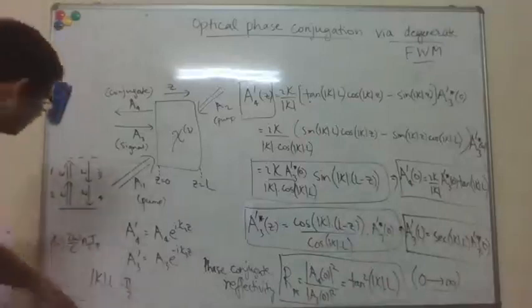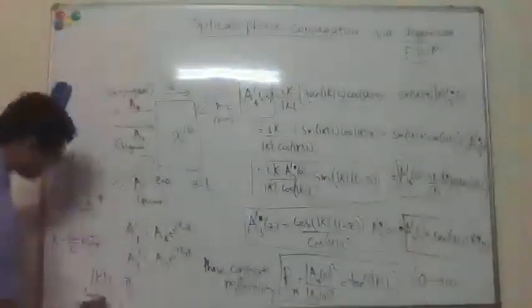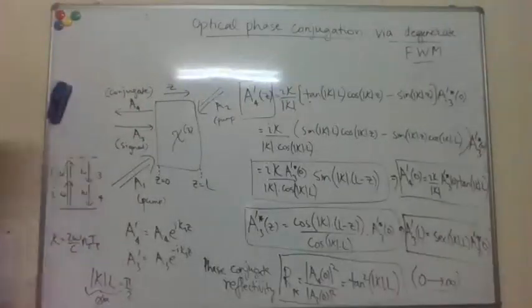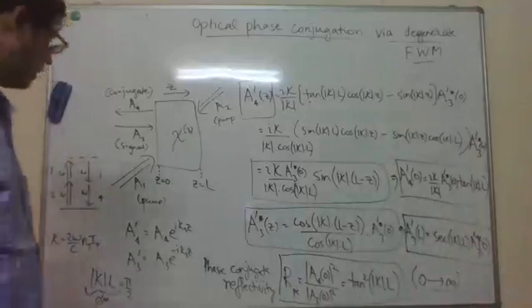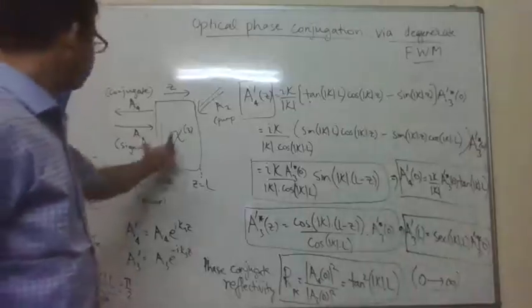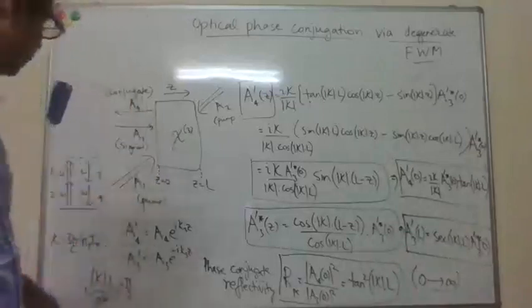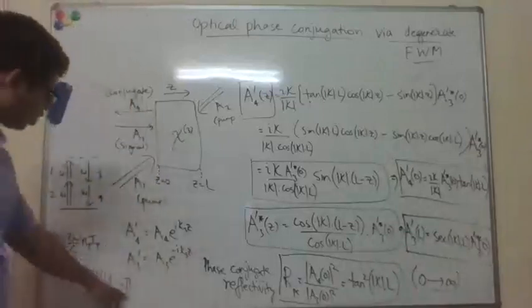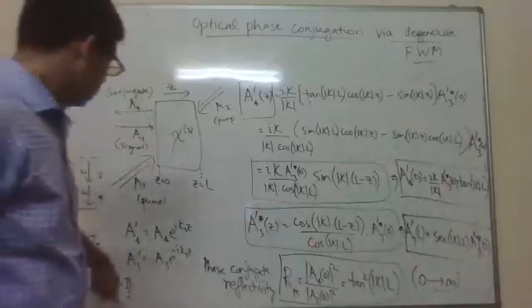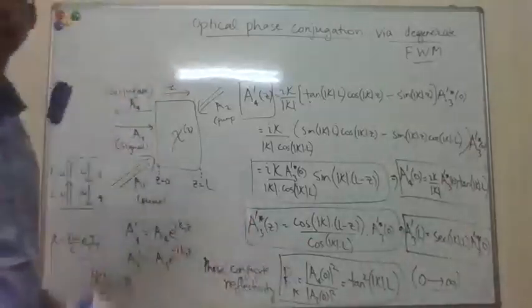K times L is a nonlinear phase shift, or in some sense a cross phase modulation imposed by the pump on the signal or conjugate. When that becomes of the order of pi by 2, the reflectivity diverges.